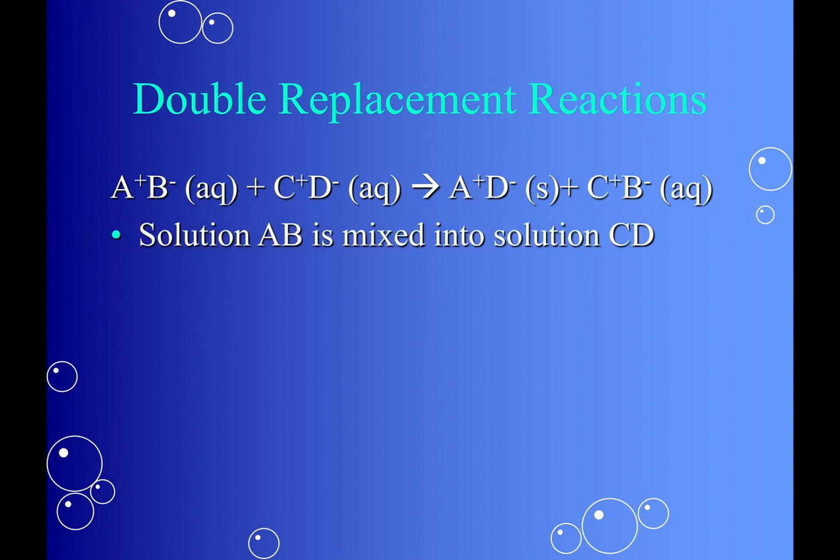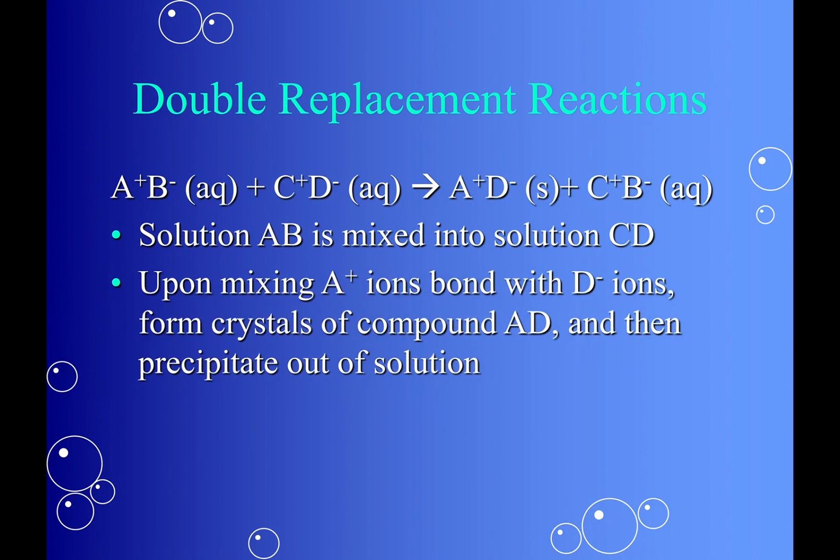So we have solution AB being mixed with solution CD. We have our cations that are going to swap positions with each other. Upon mixing these 2 solutions, AB and CD, the A ions are going to bond with the D ions, forming crystals of compound AD, and they will precipitate out of the solution. How can we identify that?